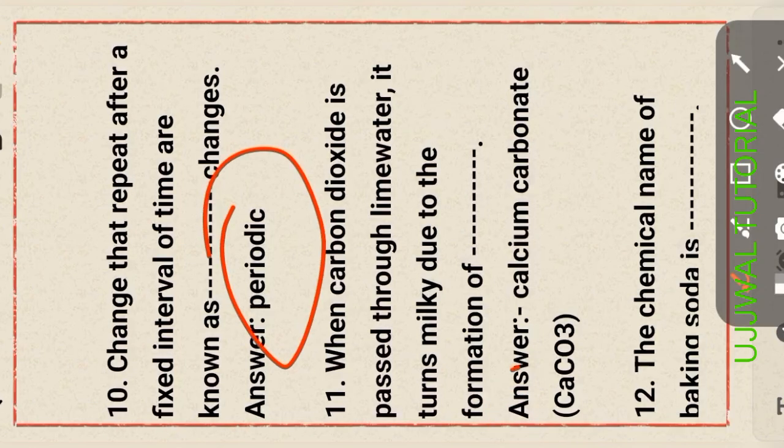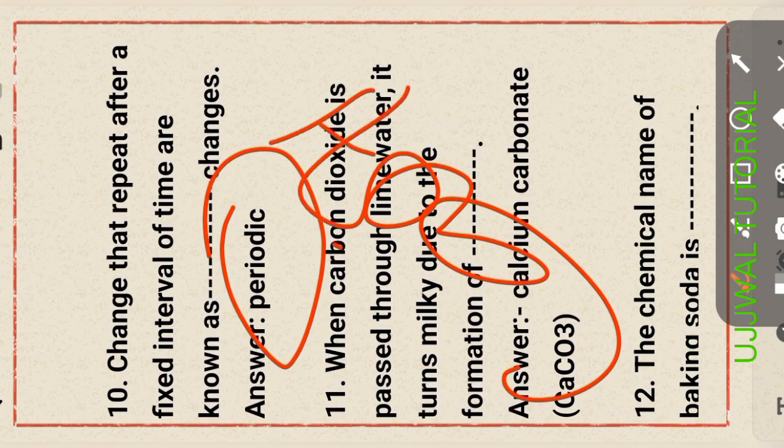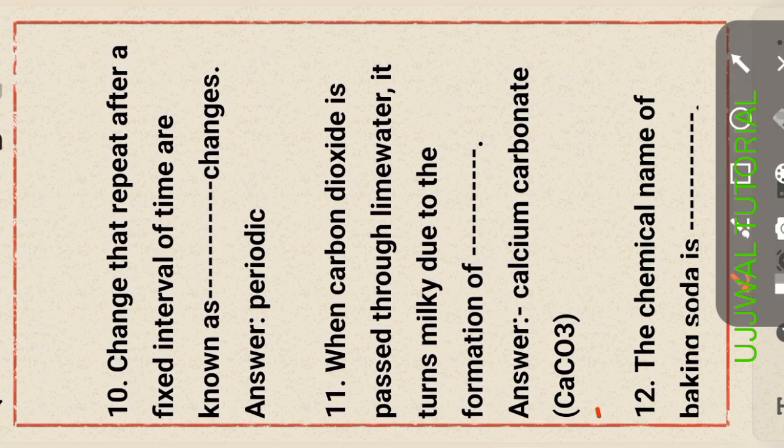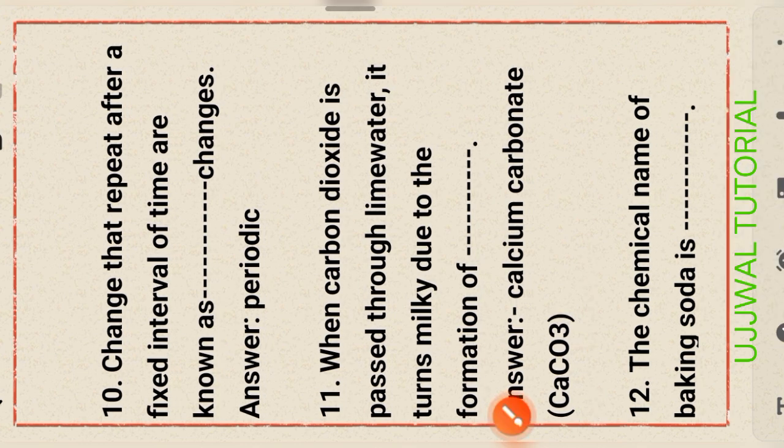Next, when carbon dioxide is passed through lime water, that is calcium hydroxide, it turns milky due to the formation of calcium carbonate, the formula CaCO3. Next question.